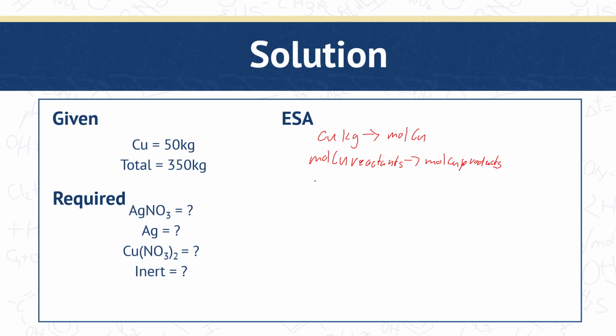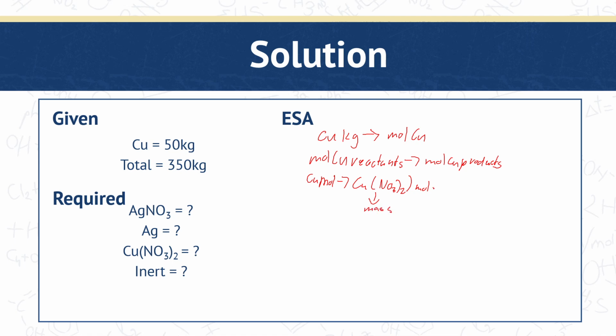And since there's only one form of copper inside the product, specifically copper nitrate, we can turn this into moles of copper nitrate. And then from there, by turning this into mass, we already have one of our necessary quantities.